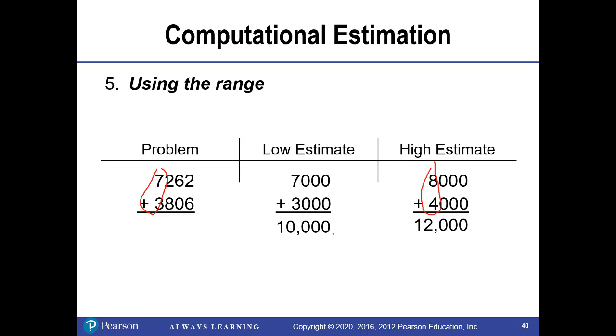Well, here we do it because we know our answer is somewhere between these two values. And we might even get even closer and say our answer then is going to be around 11,000. That's accurate here, but it wouldn't always be accurate. But there are times when you want to say my answer is going to be in the range of 10 to 12,000. I know it's going to be more than 10,000, and I know it's going to be less than 12,000, but it's going to be in that range.